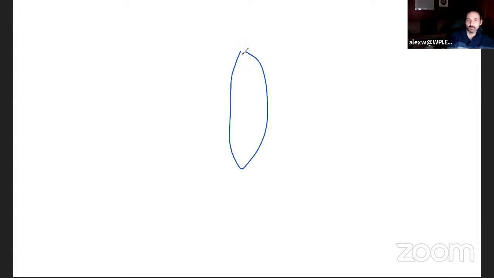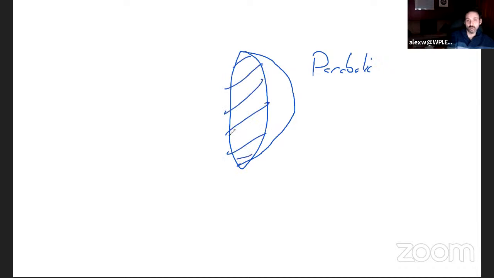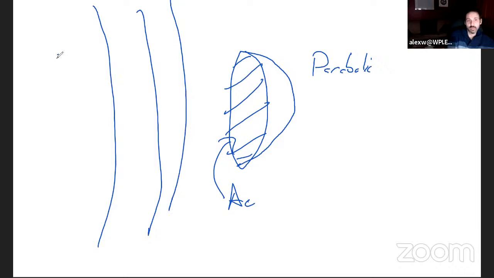Doesn't happen. We have things like parabolic antennas, where the opening, the effective area we talked about, collects that energy as it propagates from the point source.